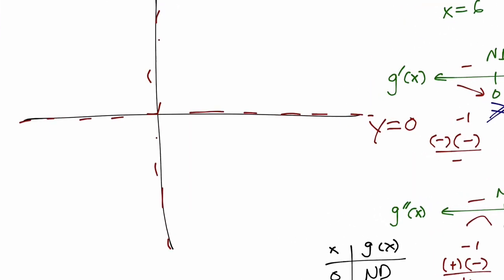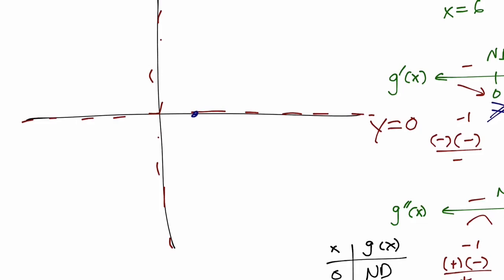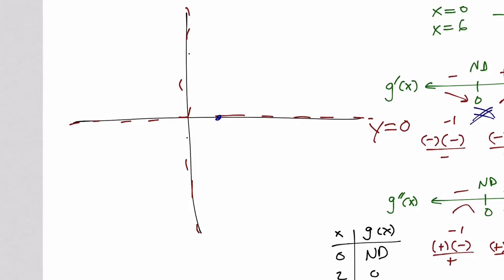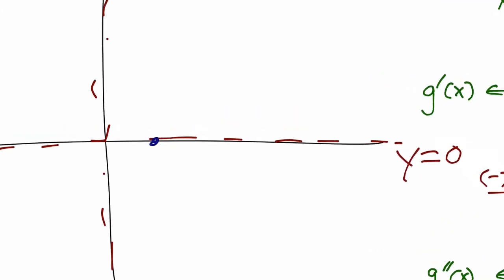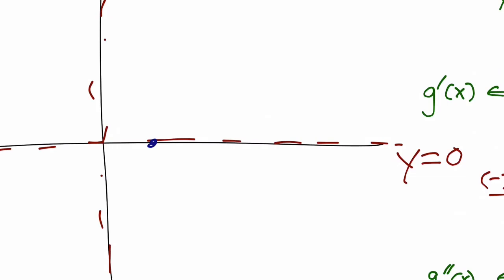And then I know the function has an x-intercept at 2, so let me mark that there. I know at negative 2 the value is down here at negative 10. And then at 4 the value is slightly positive, 5 over 4. And at 6, the value is 10 over 9, so slightly below that.